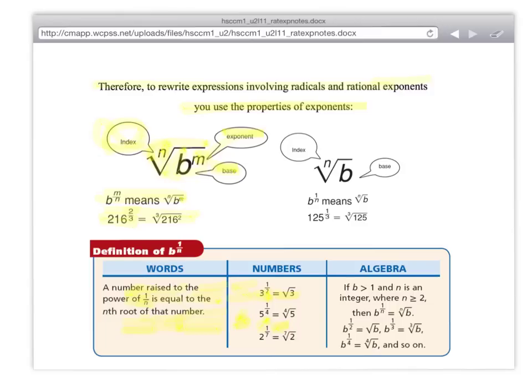Second example. If we look at 125 raised to the power of 1/3 equals the cube root of 125.